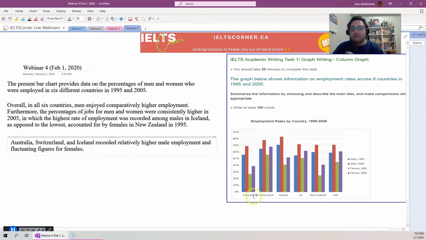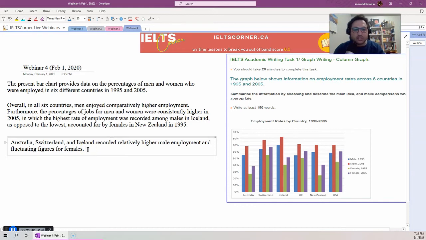And then for men in Switzerland, it starts at around 65, goes up to about maybe 78. And in Iceland, it starts at about 70, goes up to about 83 or so. We're going to mention all of those.